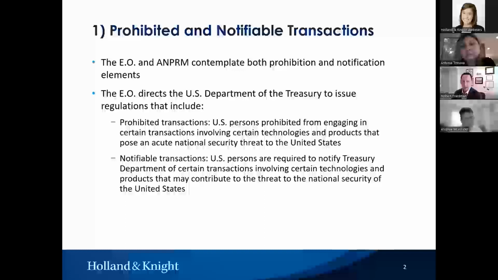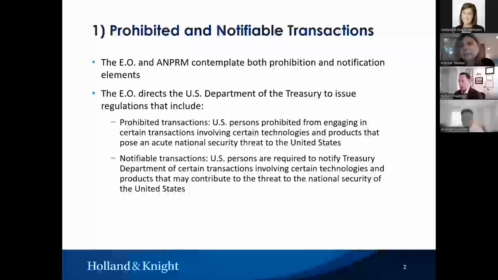So the first issue, just to set the stage and the framework for the executive order, is that the EO and the proposed rules contemplate both a prohibition and notification element. At the time that the EO was published, there was an annex, and only one country was listed, and that is China. And that includes Hong Kong and Macau.